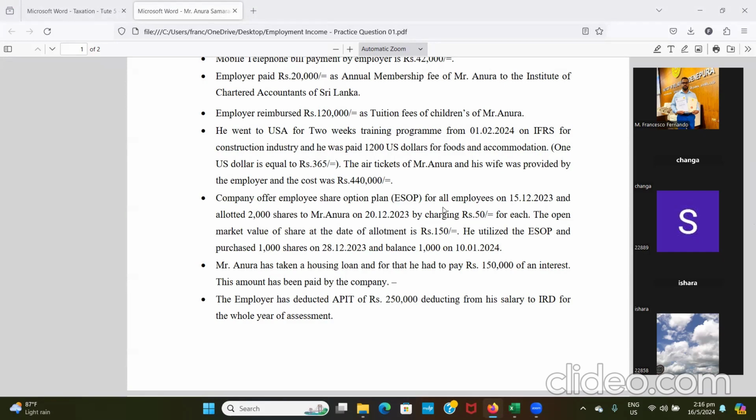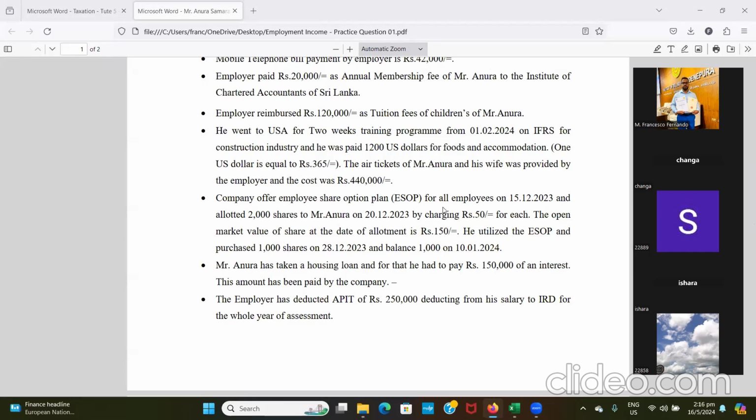The open market value of a share at the date of the allotment is 150. He utilized the ESOP and purchased 1000 shares, and the balance and so on.